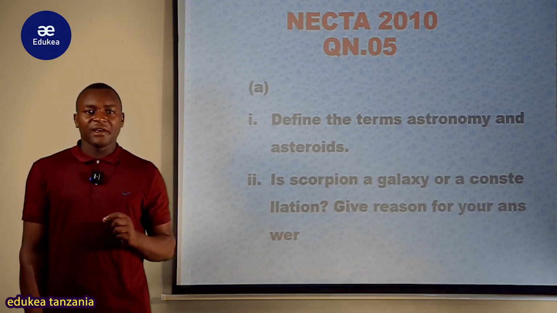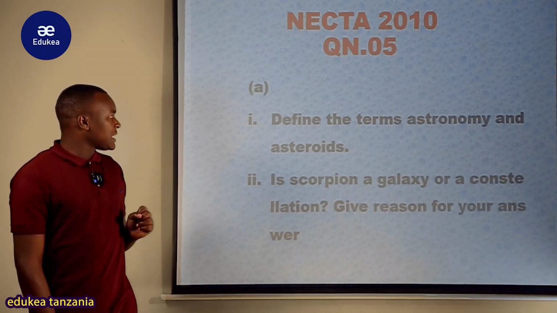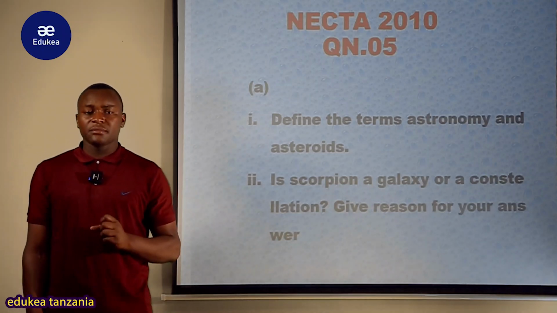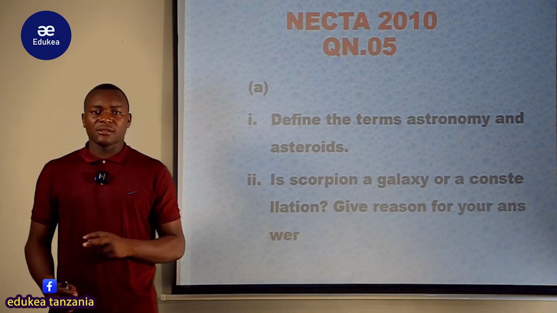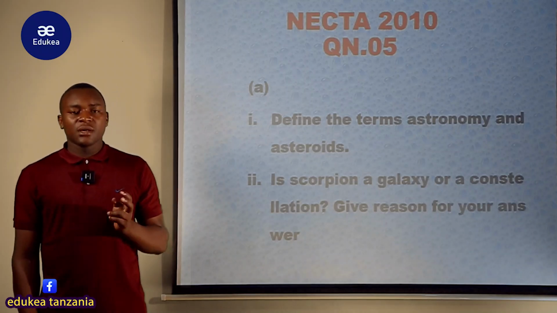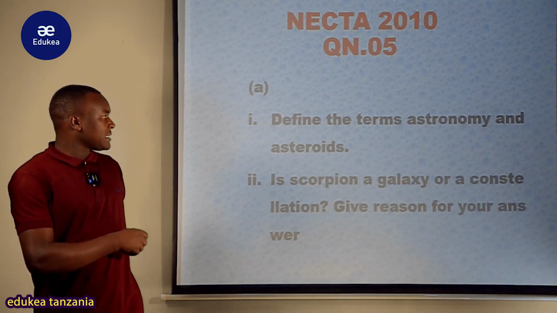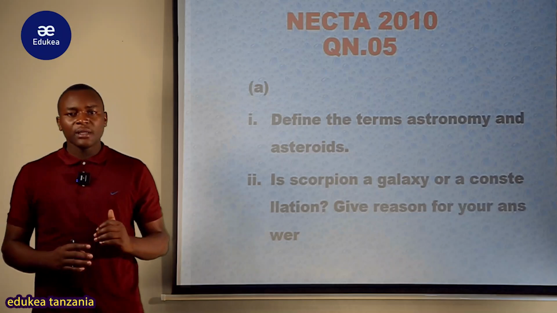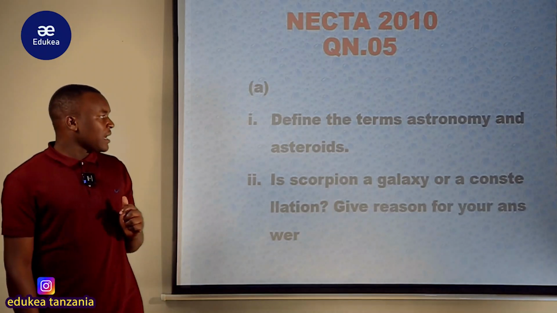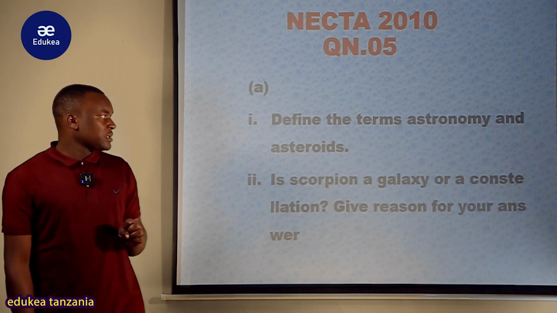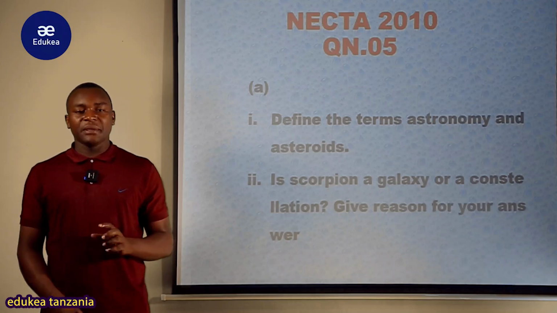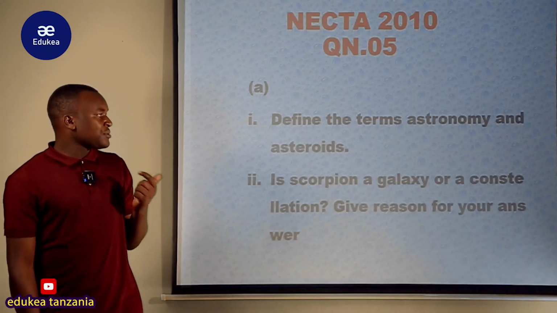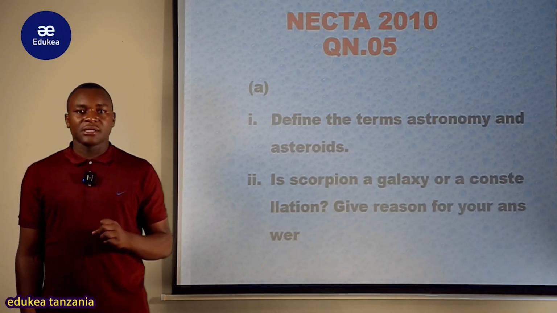Within question number 5, part A has two Romans, Roman number 1 as well as Roman number 2. In Roman number 1, the question states: define the terms astronomy and asteroids. So we have to provide the meaning of the terms astronomy and asteroid.